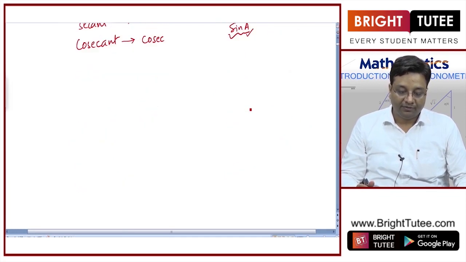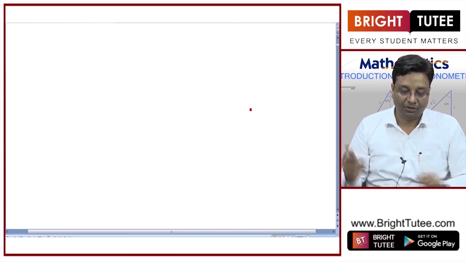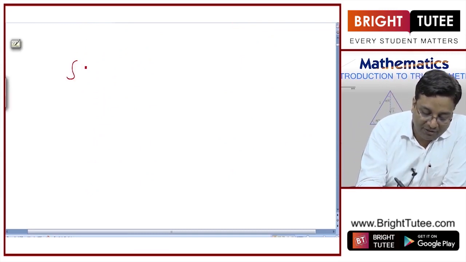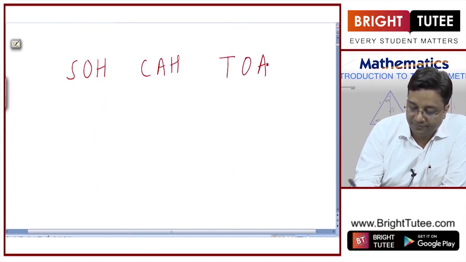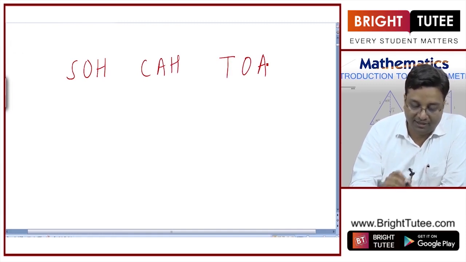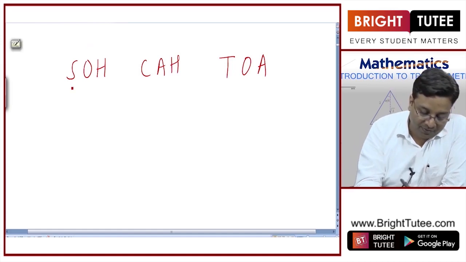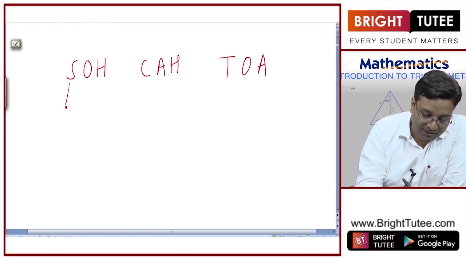For these trigonometric ratios, I'll give you a mnemonic here which you have to memorize. It will help you in memorizing these very easily. So, SOH CAH TOA, right? You memorize this expression. What is SOH CAH TOA? SOH means sine.